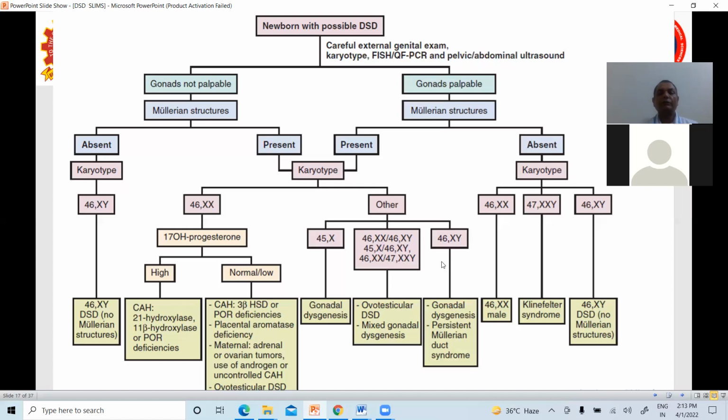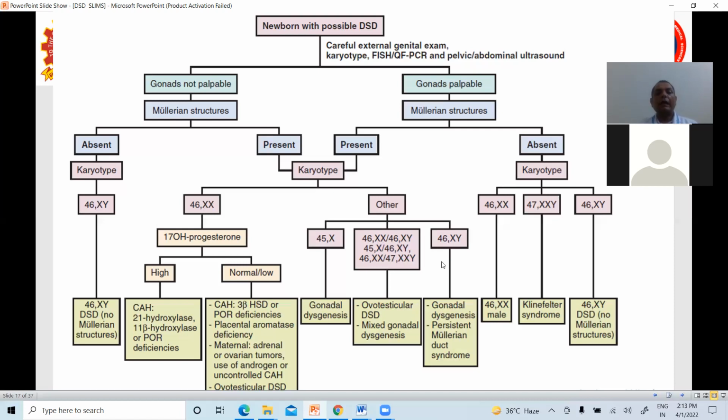This androgen, which is of maternal origin, will cross the placenta and come to the fetus. It will reach the fetal circulation and induce virilization of the fetus. So a very commonly asked question: if mother and fetus both are virilized, then it is placental aromatase deficiency. Fine.